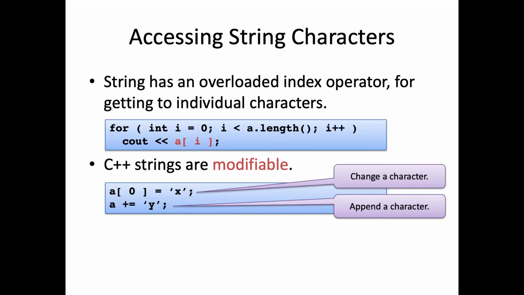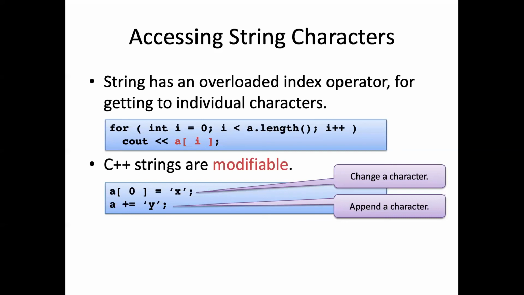In Java, you would call charAt here, and this does the same job. It's just the syntax is a little bit shorter and maybe more simple if you want to think of that string as an array.